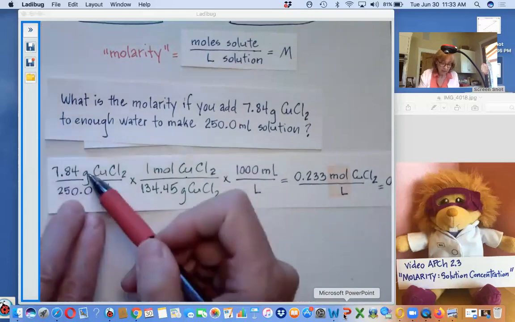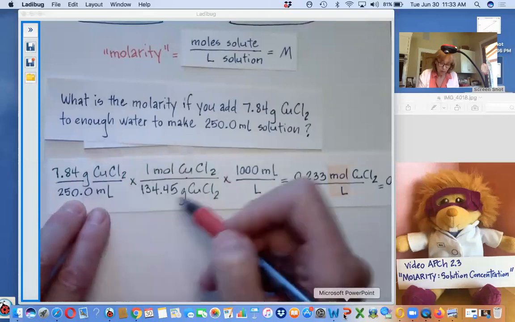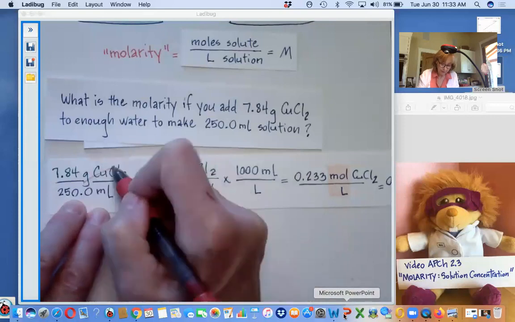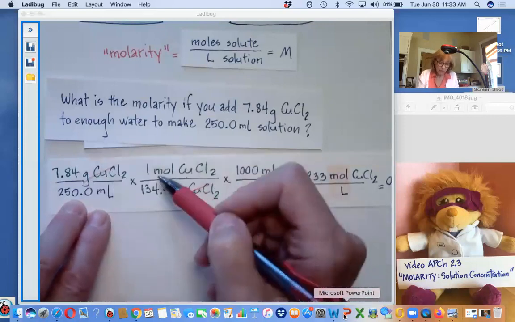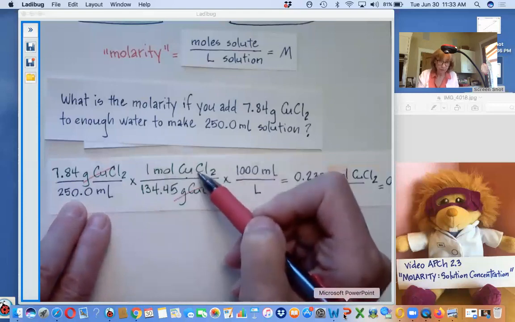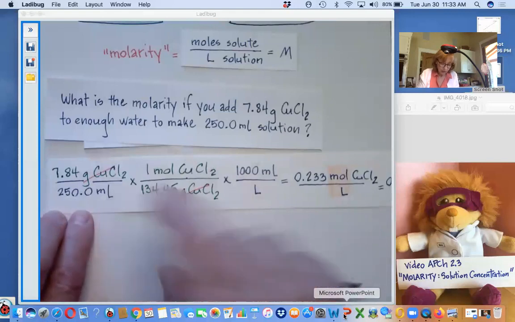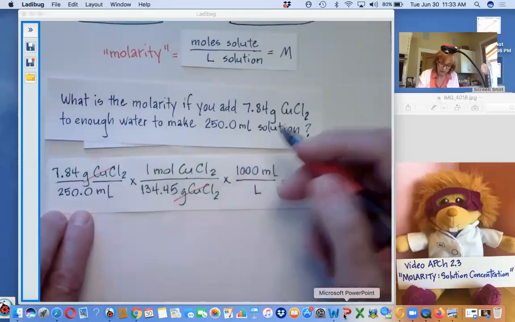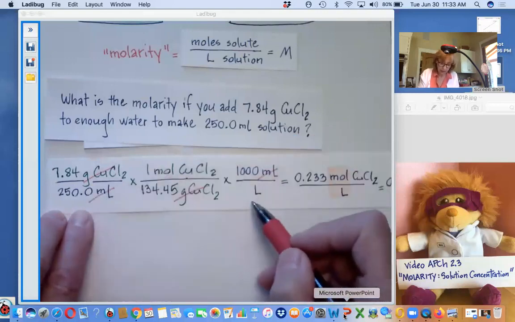Now, recognize that my numerator is in grams and I need it to be moles. So I'm going to apply this molar mass step. Grams copper chloride, divide out. So now I have moles copper chloride in the numerator. That's good. In the denominator, I need liters. So I'm going to convert these milliliters into liters. And I have liters in the denominator.